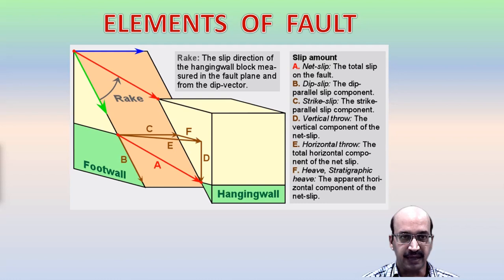So we can see that the rake is the angle made by the slip direction with the hanging wall side. Rake is the slip direction of the hanging wall block measured on the fault plane from the dip vector. The rest of the terms we have discussed in the last slide.